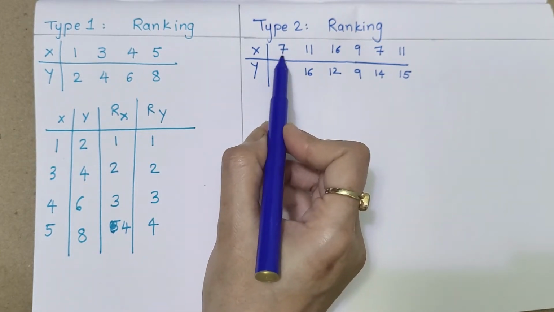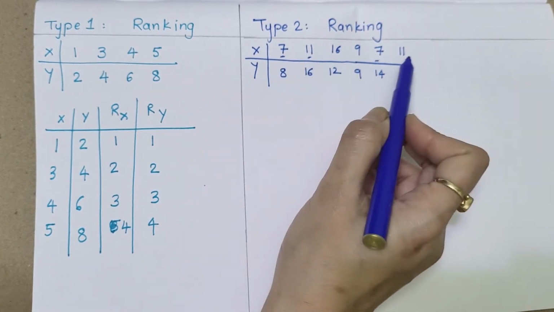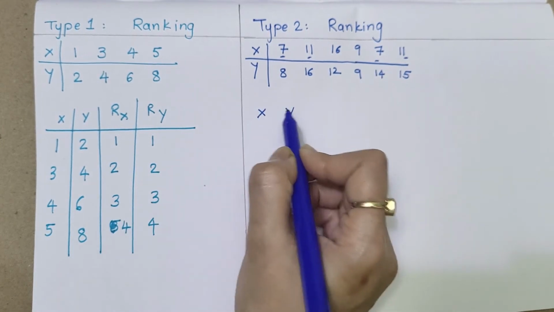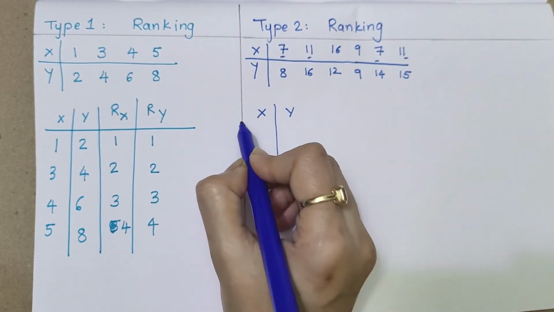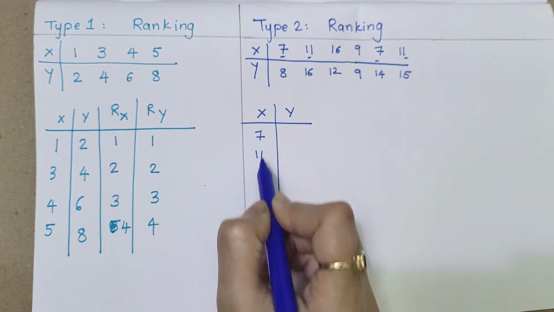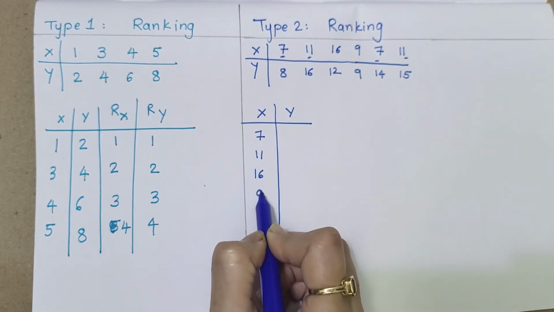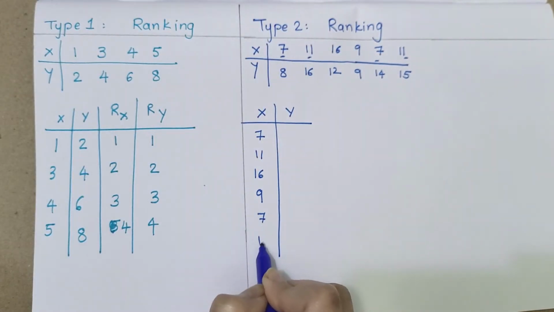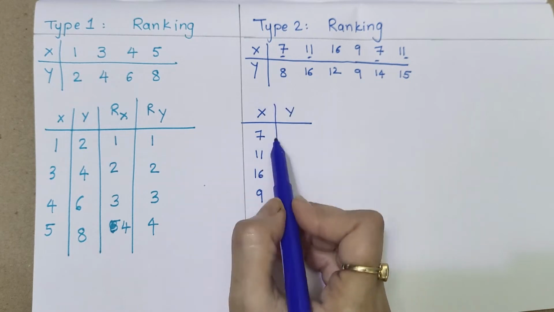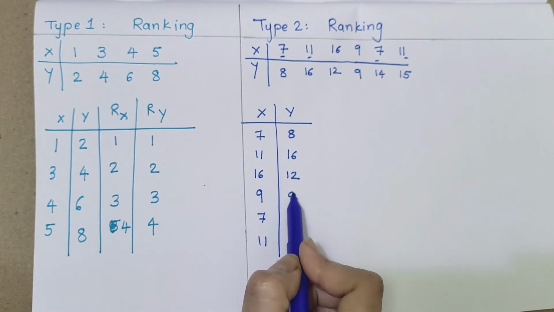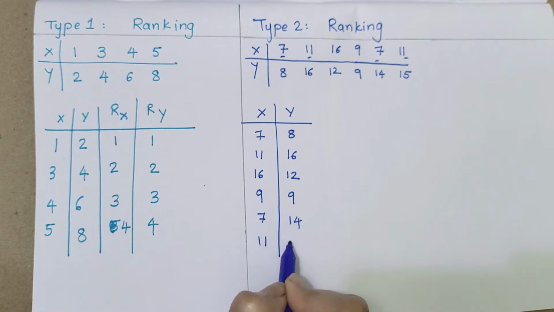So you can see 7 and 7, 11 and 11 repeat. Now when we arrange like this, x is 7, 11, 16, 9, 7 and 11. Then y, I'll write down 8, 16, 12, 9, 14 and 15.